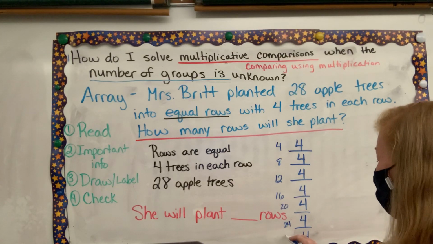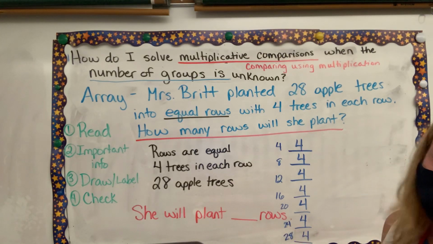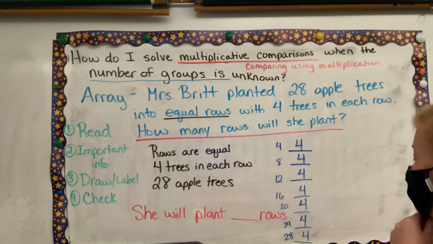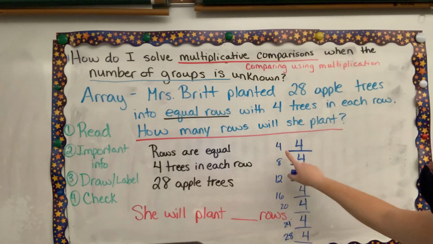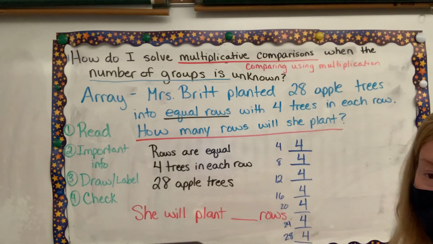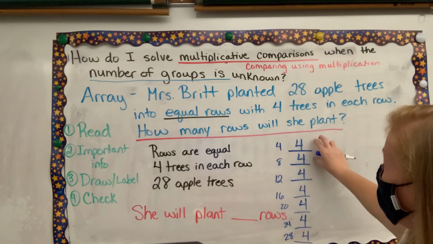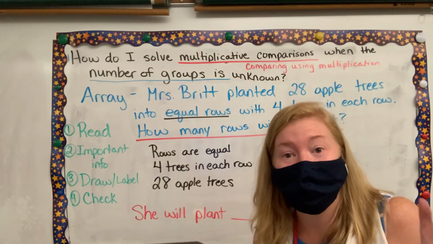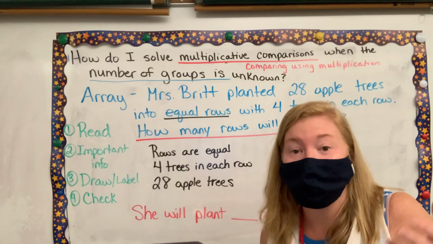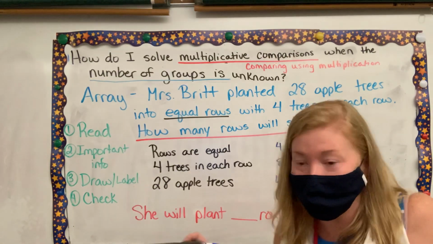Close. 28. Wait, I counted wrong. That's cool. 28. So we would put 4 in a row until we got to 28. This is just me skip counting to keep up with where I'm at, because there'd have to be 4 in each row. That's the quick way if your teacher's not asking you to make a model. But if your teacher is asking you to make a model, guess what? You have to make the actual array.